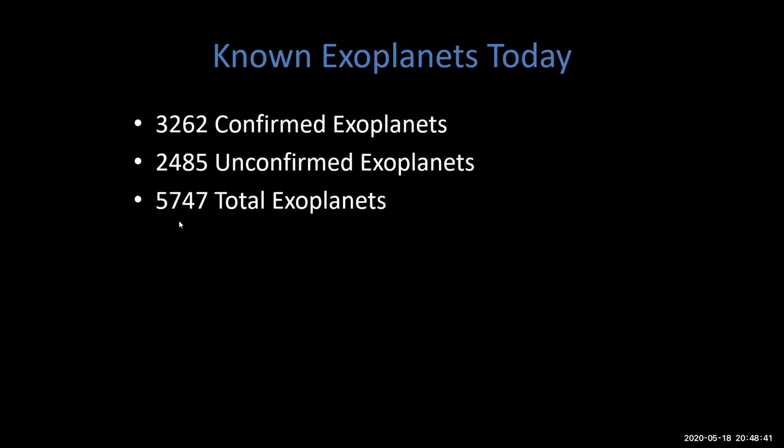Altogether, that is 5,747 extrasolar planets. Whereas in 1990, we knew about only the planets in our solar system. So we've gone from knowing our 8 planets plus Pluto to over 5,700 planets.